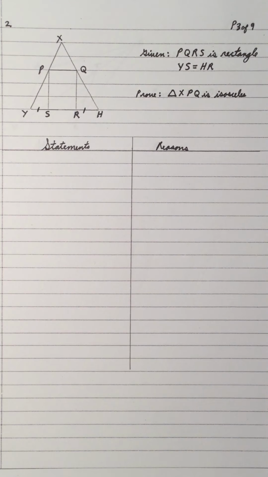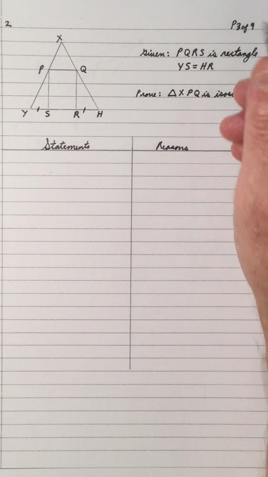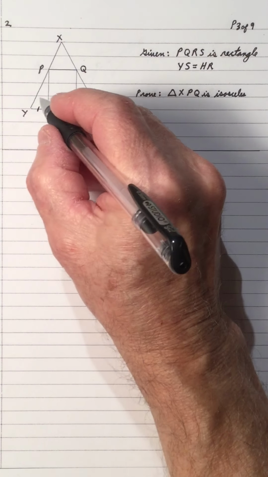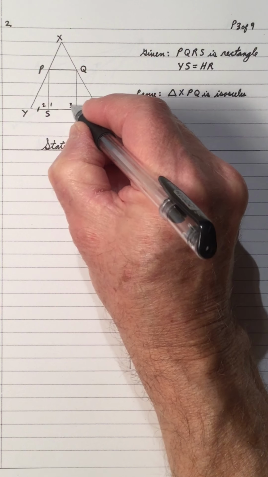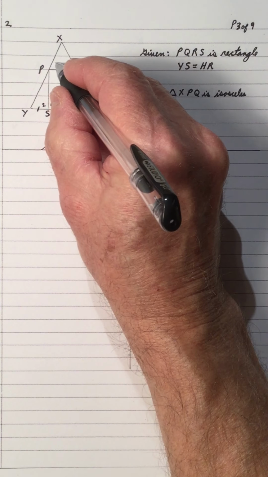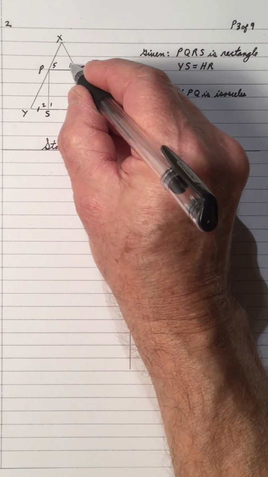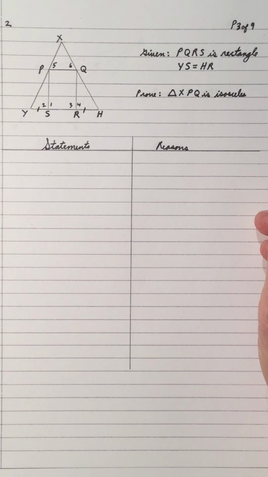Again, if you paused the video and worked it out, great. Here we go. I'm going to name 1, 2, 3, 4, and name this one 5 and 6. I'm going to use the numbers because it's easier than using three letters for angles.